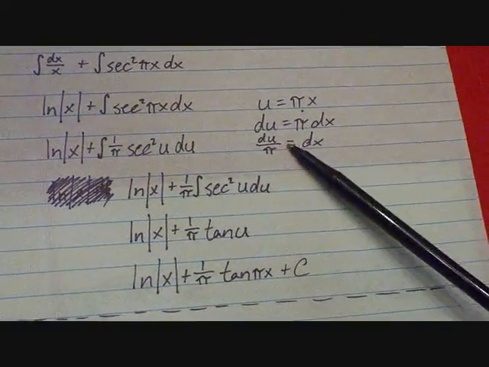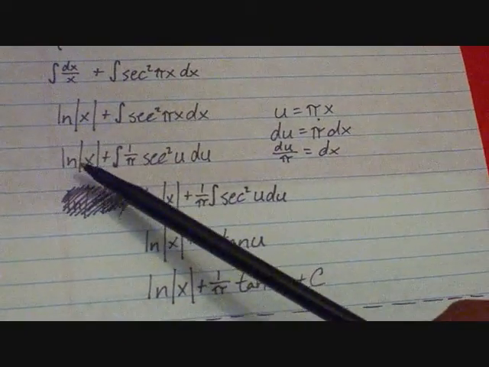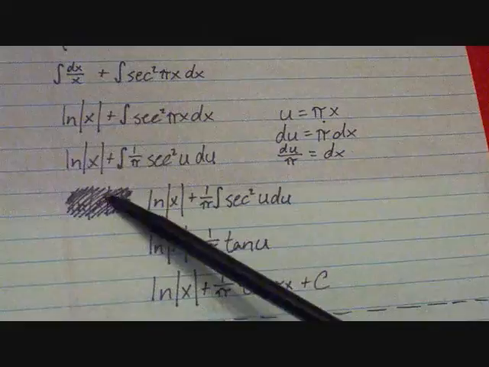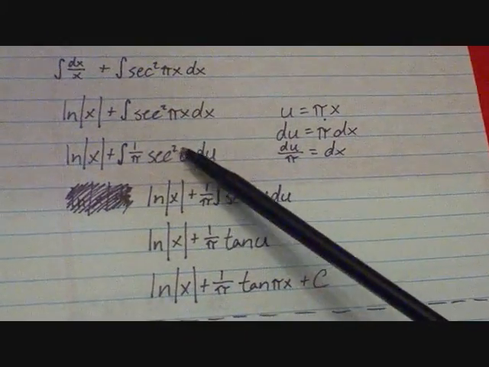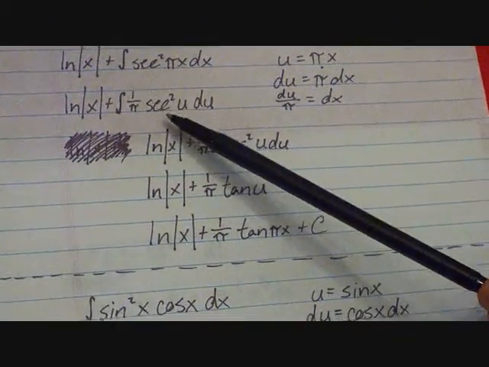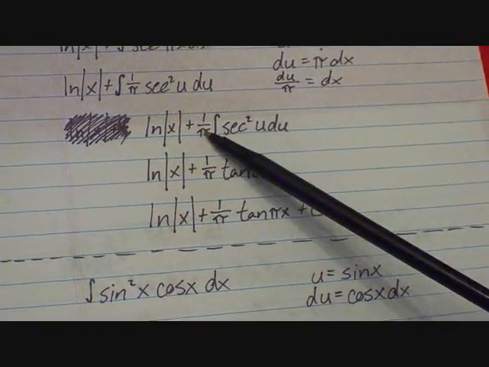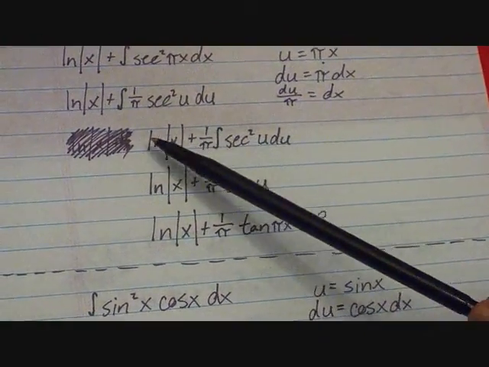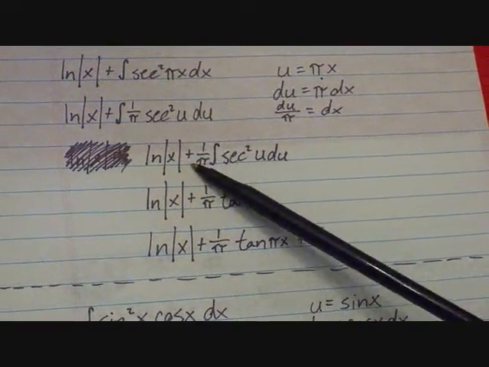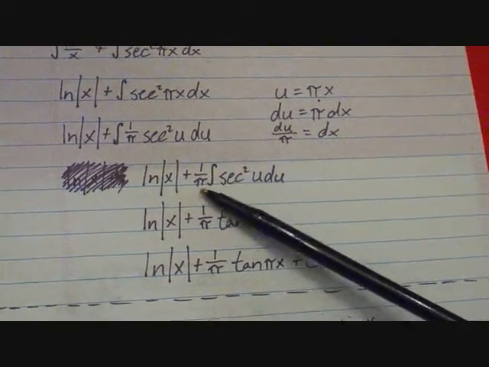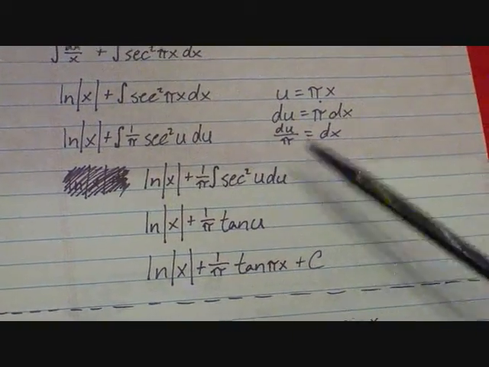So once we substitute these back in, we get the ln absolute value of x plus the integral of 1 over pi secant squared u du. We pull 1 over pi through the integral, which gives us the ln absolute value of x plus 1 over pi the integral secant squared u du.